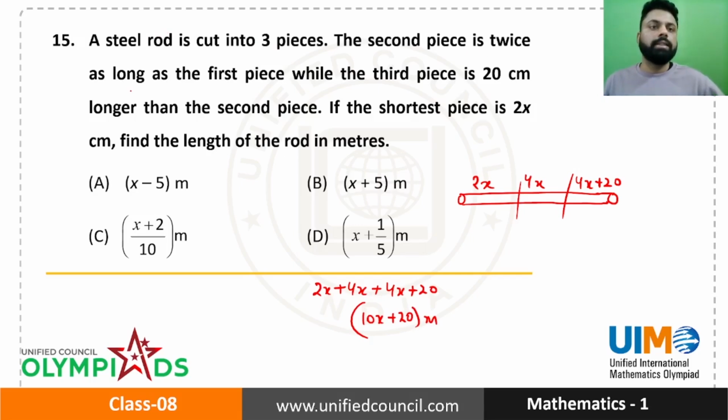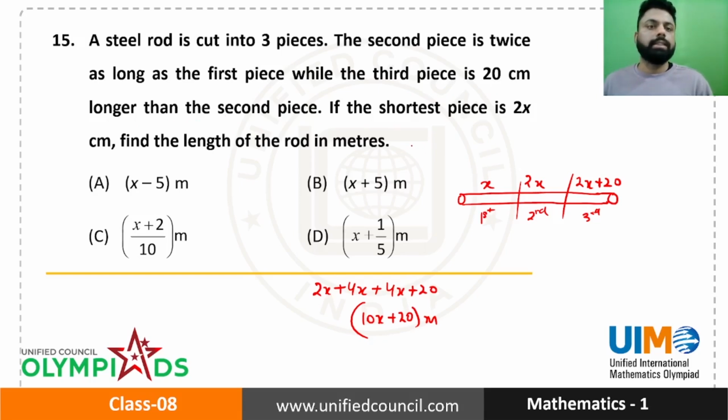A steel rod is cut into 3 pieces. The second piece is twice as long as the first piece. So this was the initial assumption, right? If the first piece is of x unit, then the second piece is 2x, and the third piece is 20 centimeter longer than the second piece, so 2x plus 20.